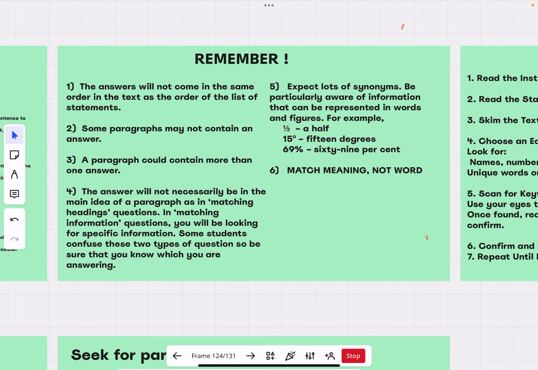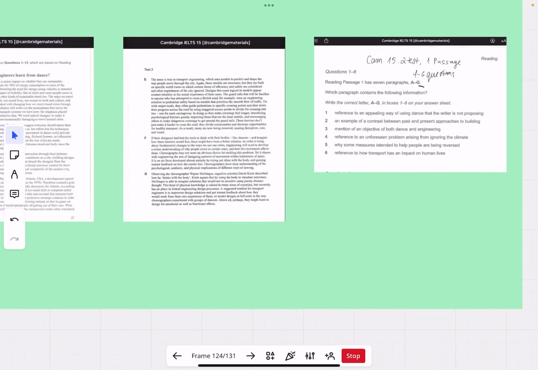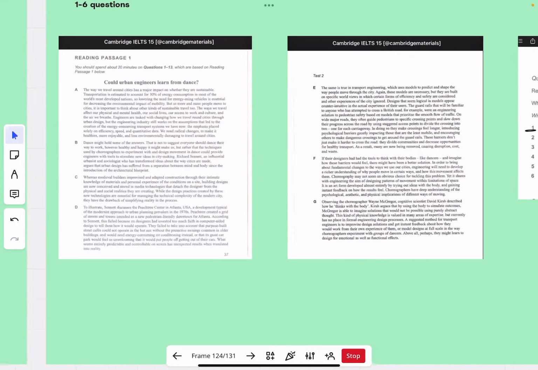Next, a very important point: the answers will not come in the same order in the text as the order in the list of statements. Look at this.